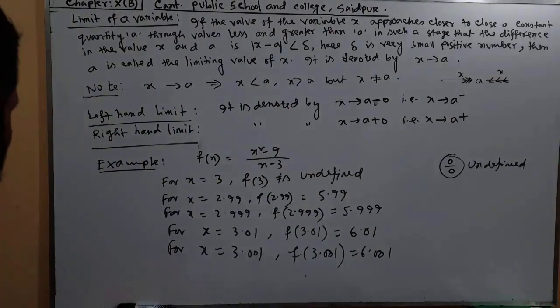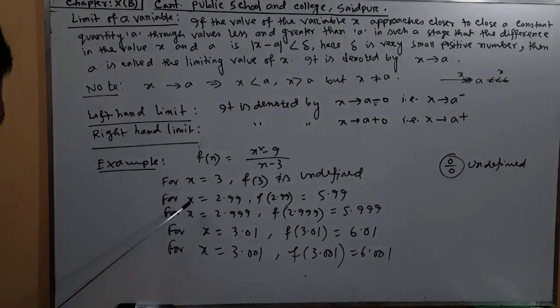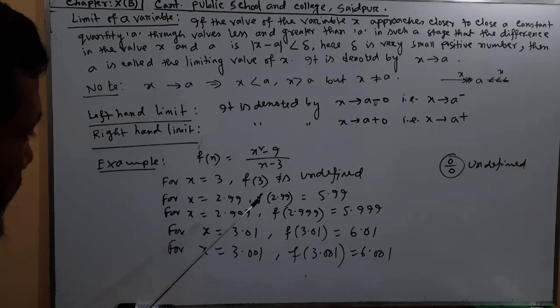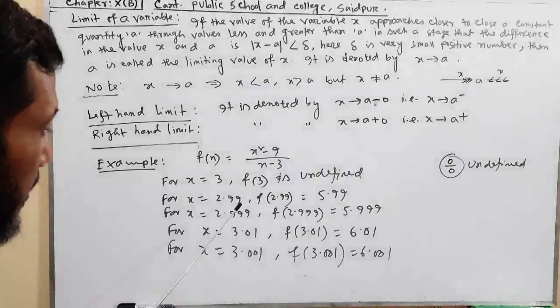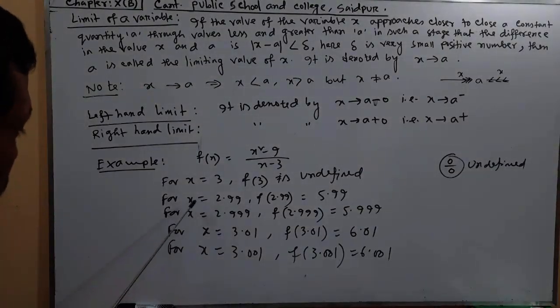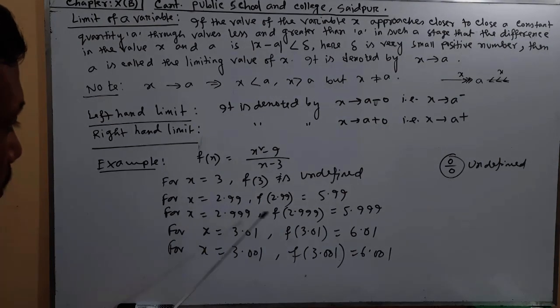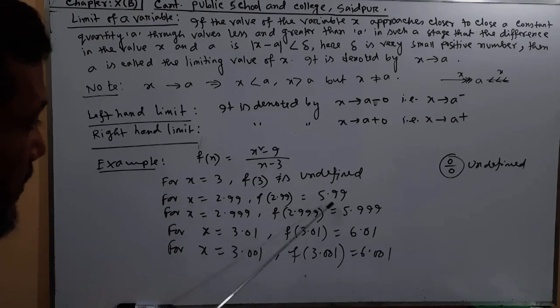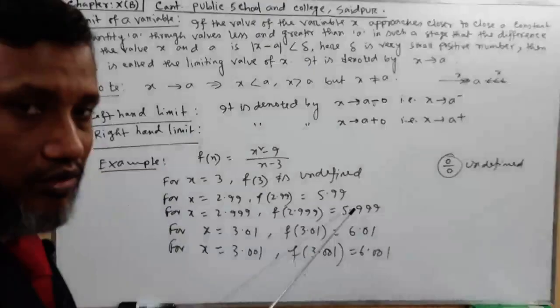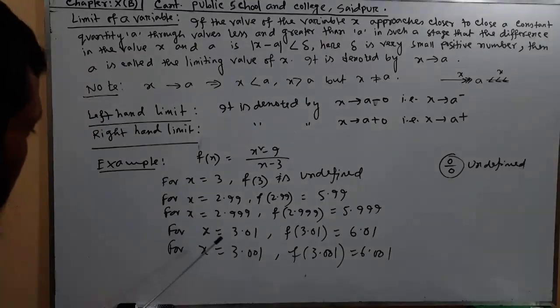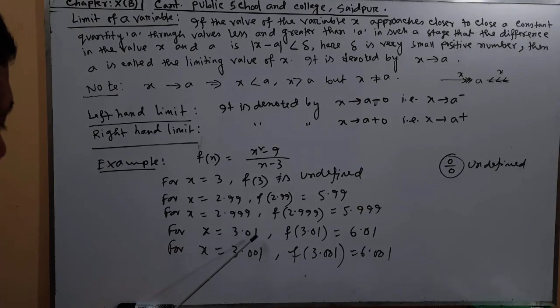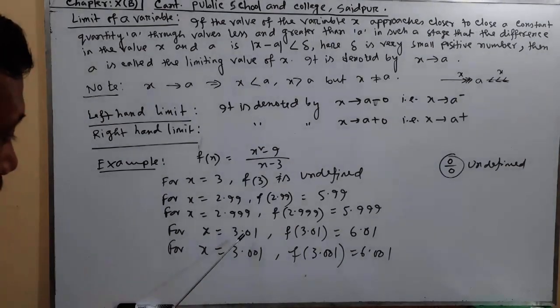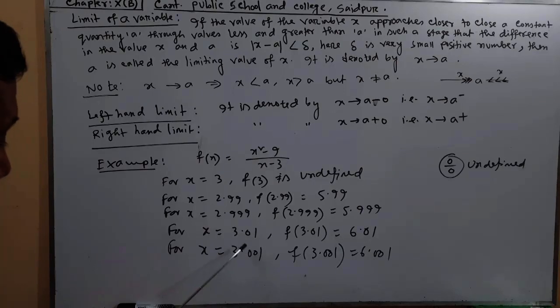We see here these two values of x which are very close to 3 but less than 3. This is the left hand limit, and if we put these values in the function, we get two values which are very close to 6. Similarly, the last two values 3.01 and 3.001 are very close to 3 and greater than 3. This is the right hand limit.